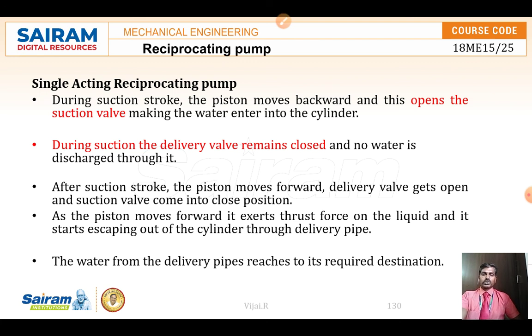During the suction stroke, the piston moves backward, the suction valve opens, and the water enters into the cylinder. After the completion of the suction stroke, the suction valve closes, then the piston moves towards the head. Then the delivery valve opens, and the water gets out through the delivery pipe.